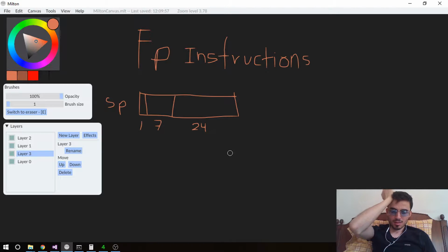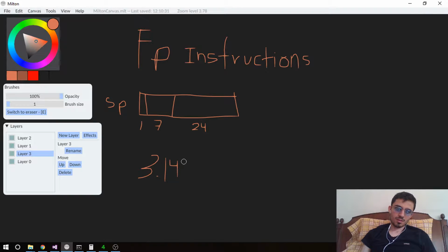So what a normalized number means is, for example, you want to represent some number like 3.14159.